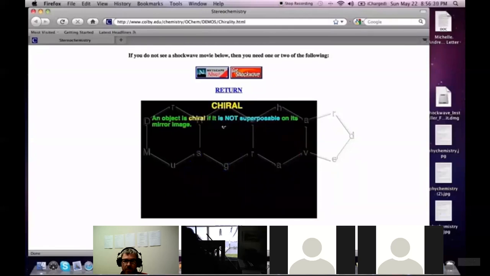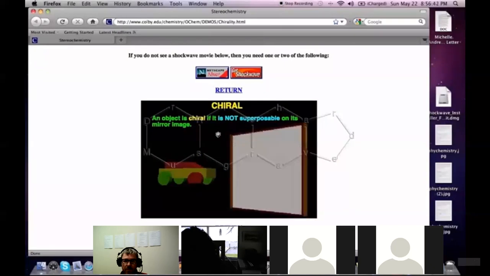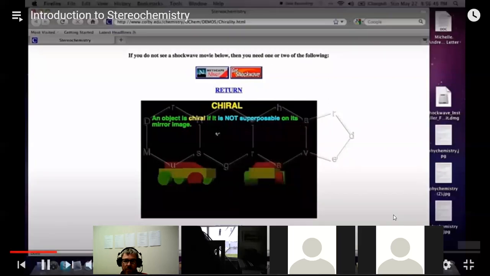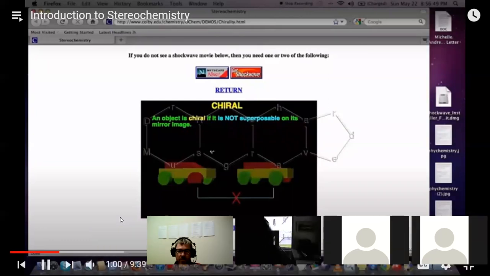An object is chiral if it is not superposable on its mirror image. So here's an example. You've got this car, it's got a red wheel on this side and a green wheel on this side. You'll notice it's not a symmetric car. Take a mirror image of that car, and when you try and line them up, you'll find the wheels don't match. That is not superposable on its mirror image.